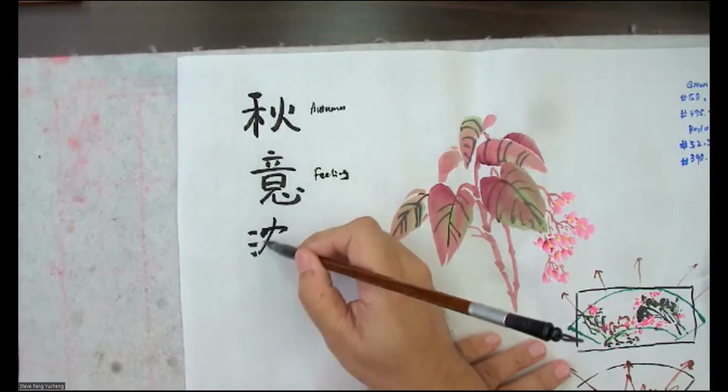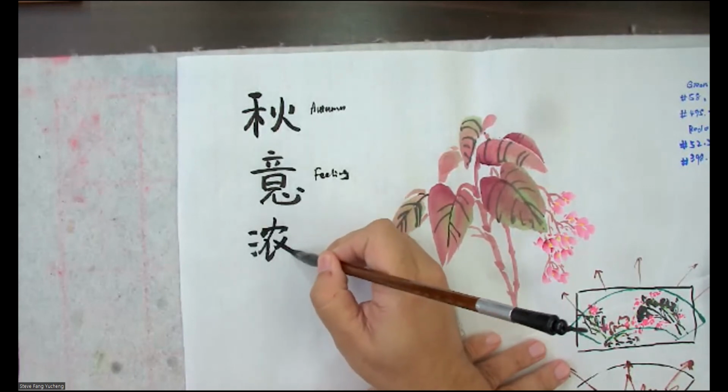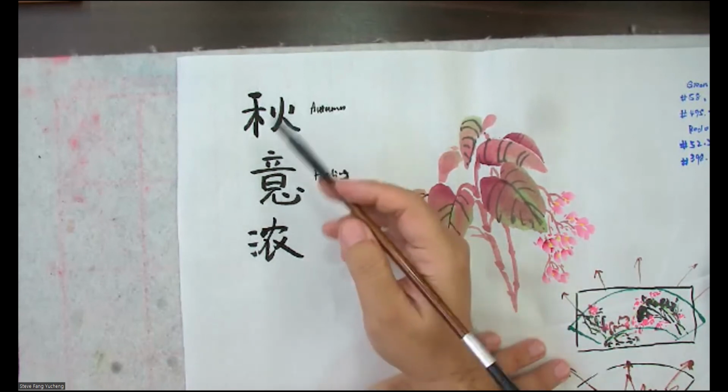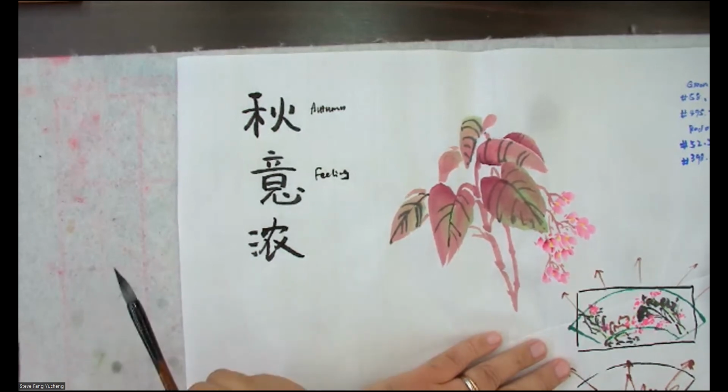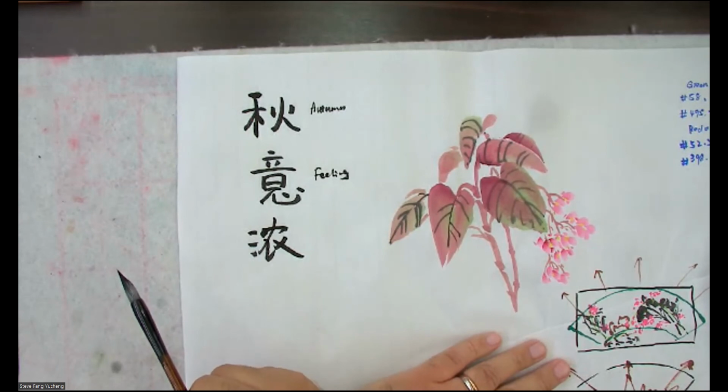Then Nong means very strong feeling for the autumn, because in Chinese culture, autumn, we have a festival, which is the 9th of September. So 9月9, right?